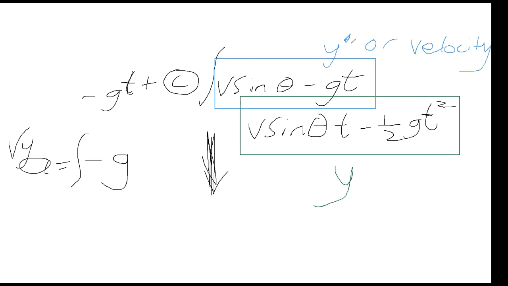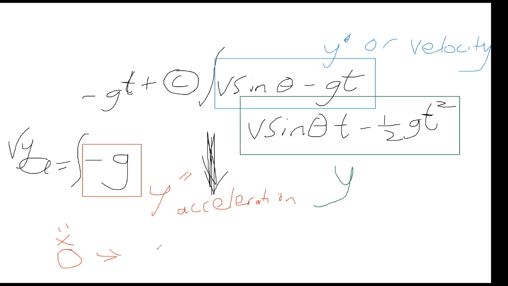And then in red, minus g is just going to be y double dash, or the acceleration. It's easier for x as well, because x just goes from x double dash being 0, to v cos theta for x dash, to v cos theta t for x.